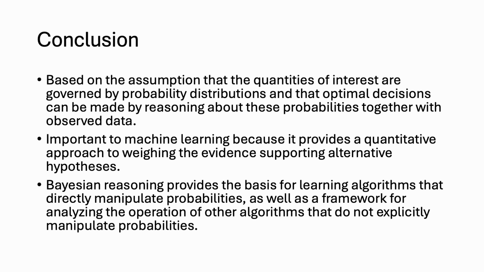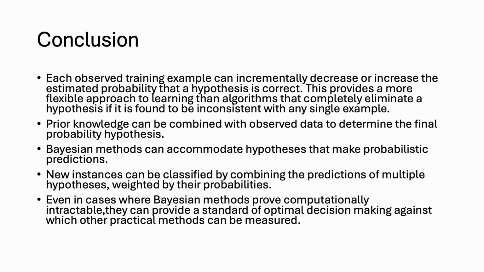It is important to machine learning because it provides a quantitative approach to weighing the evidence supporting alternative hypotheses, and Bayesian reasoning provides the basis of learning algorithms that directly manipulate probabilities, as well as a framework for analyzing the operation of other algorithms that do not explicitly manipulate probabilities.